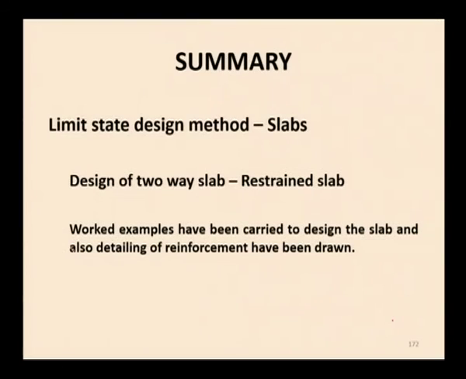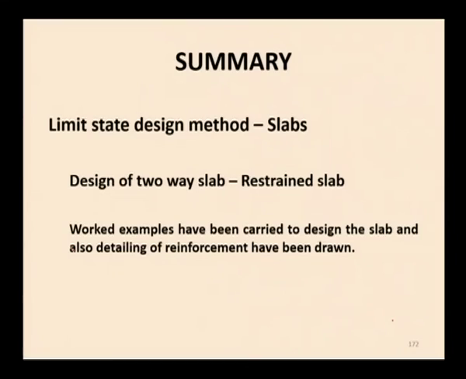Let us come to the end of this lecture. I summarize this lecture, that is, we have seen so far the design of two-way restraint slab. In this slab, the 3 edges are discontinuous and 1 long edge continuous.